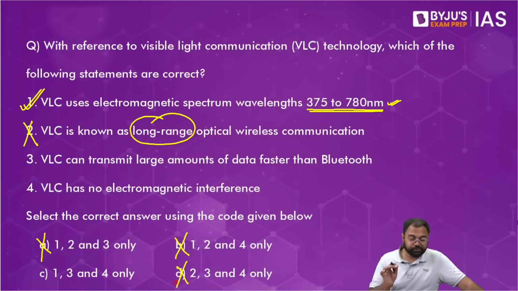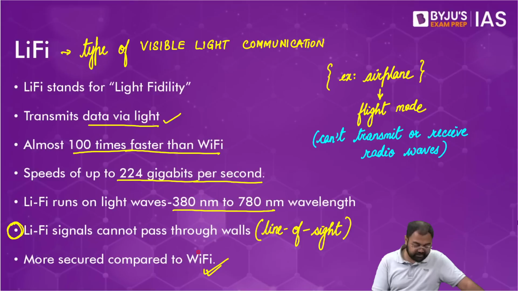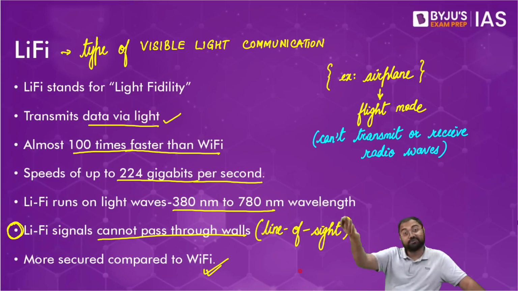That 2 for sure is wrong, because by no stretch of imagination is this a long range communication. What we discussed is that only within a room you can do this communication. Remember that it cannot pass through walls. It is a line of sight communication. So if it is a line of sight communication, how is it even possible that a long range communication can be established?